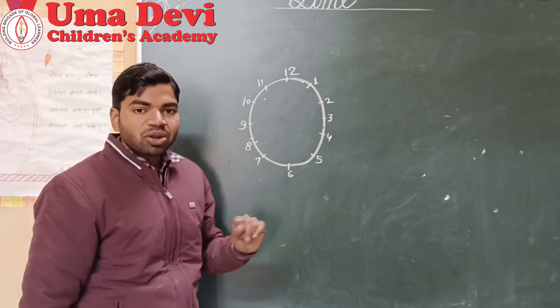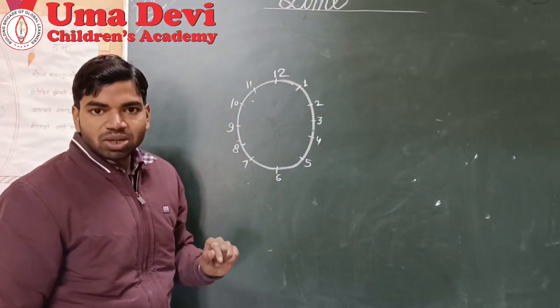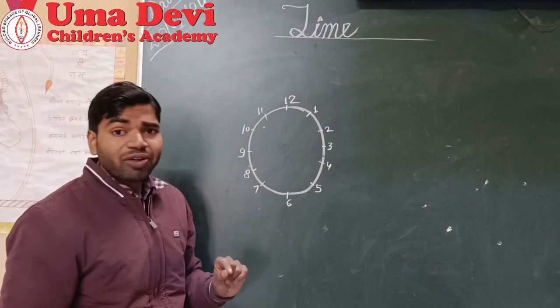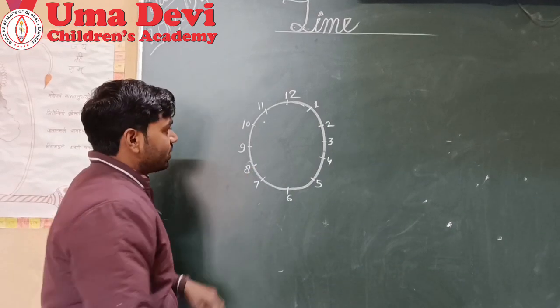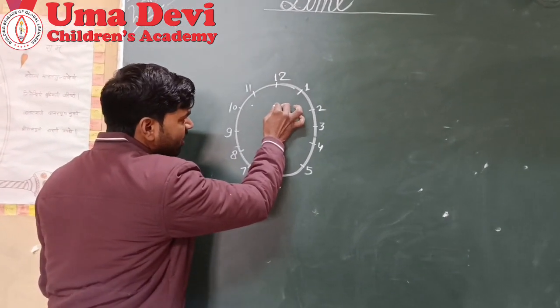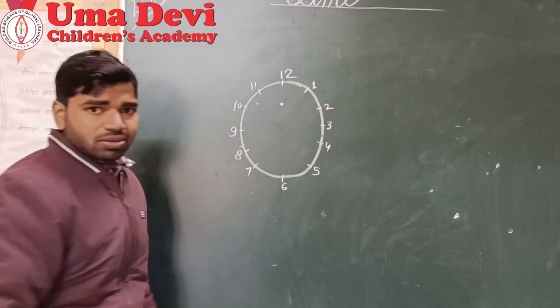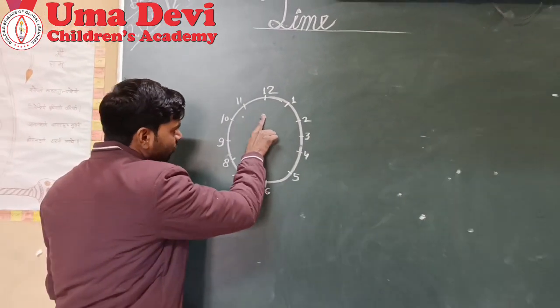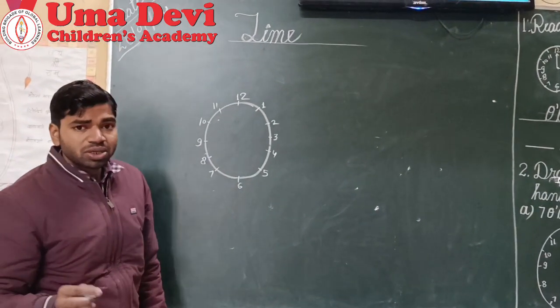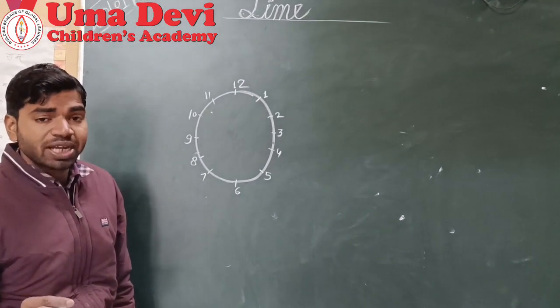But before drawing the hands of the clock, we have to find the center of the clock. Means the center of this circle. Where will the center be? Will the center be here? No. So first we are going to learn how to draw the center.